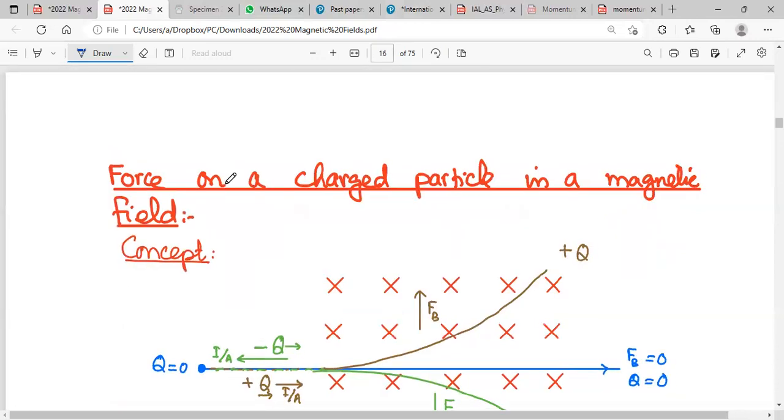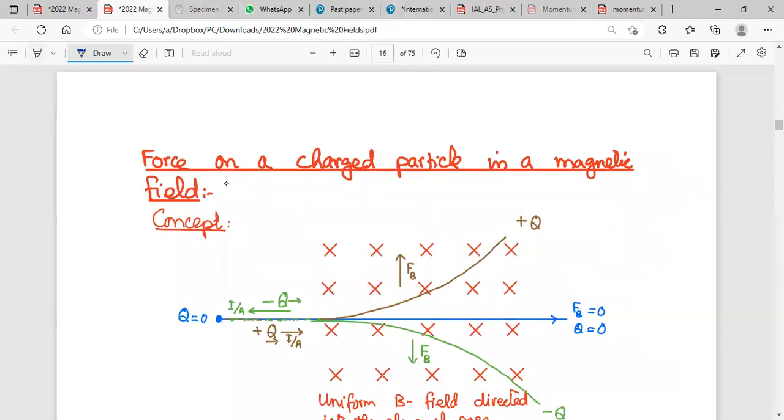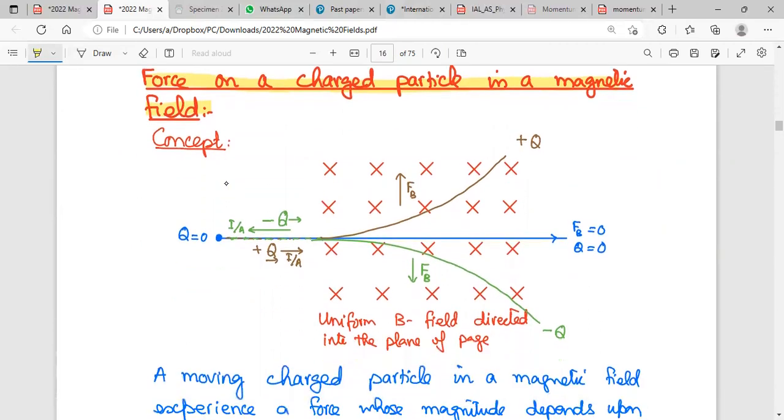Okay, so here is the first thing about the topic, force on charged particle inside the magnetic field. First of all, we can see here that there is a uniform magnetic field which is represented in the form of a series of equi-spaced crosses.